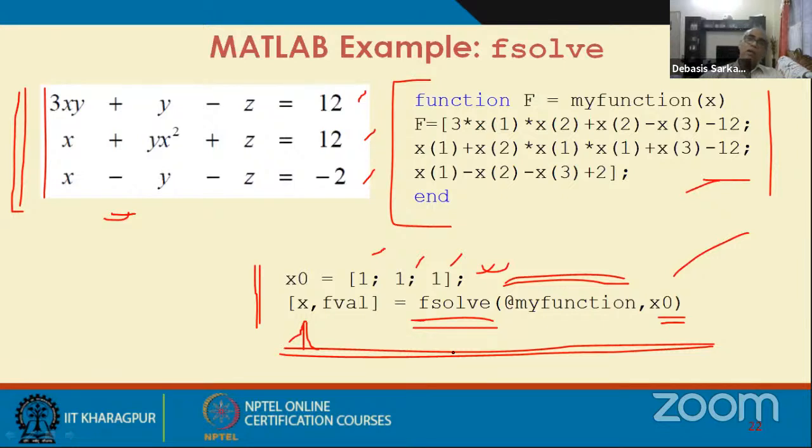So this way, fsolve finds very good use in several chemical engineering problems, particularly when you solve steady-state equations. For steady-state equations, oftentimes we set the d/dt term equal to 0, and we end up with a set of simultaneous nonlinear algebraic equations.